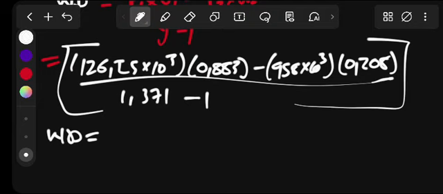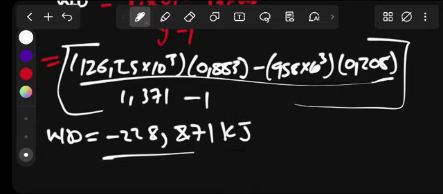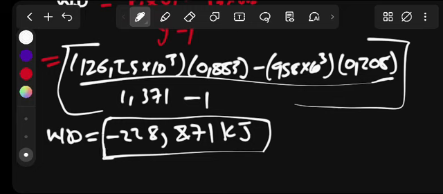We're supposed to get some negative value, if I'm not mistaken. We have negative 228.871. This must be in kilojoules. Are we together there? That must be in kilojoules. All right, this is what we have in this typical video.